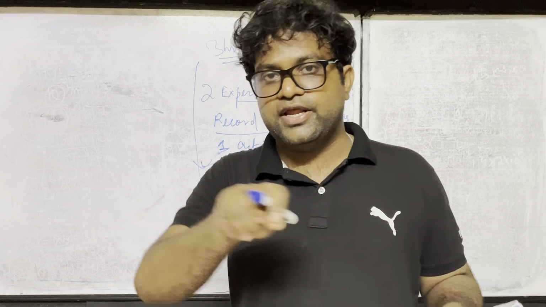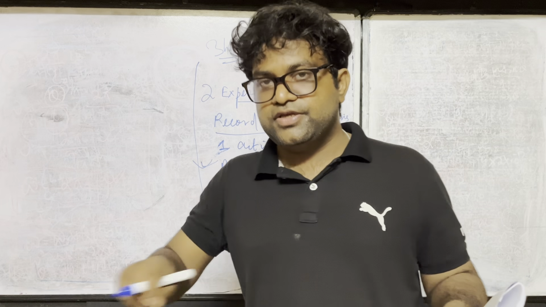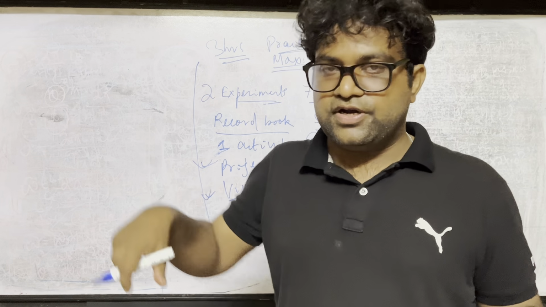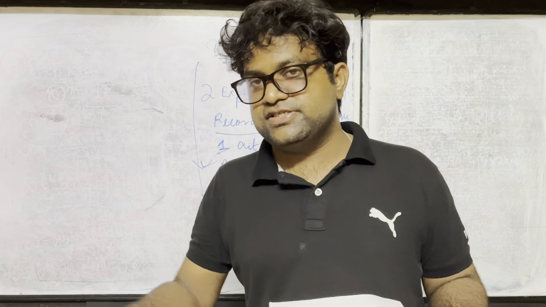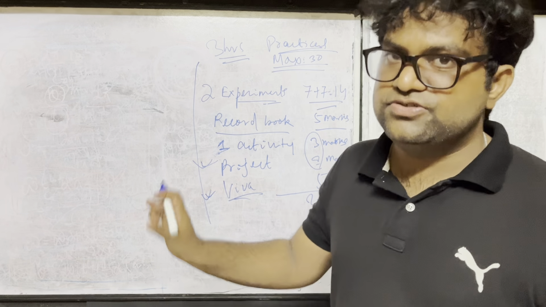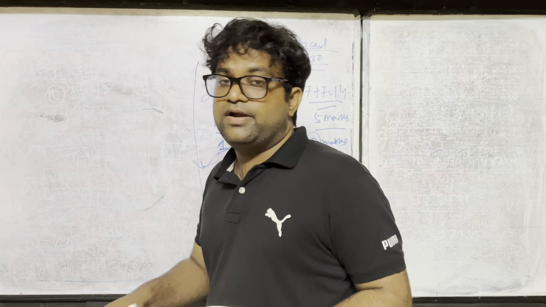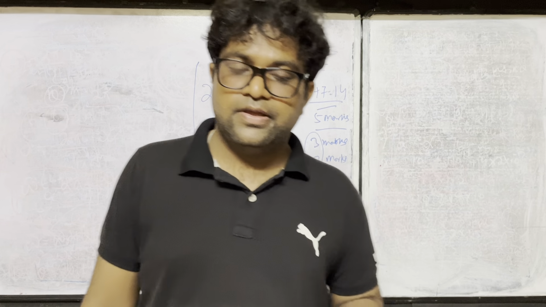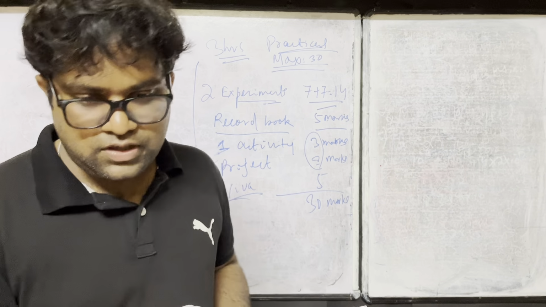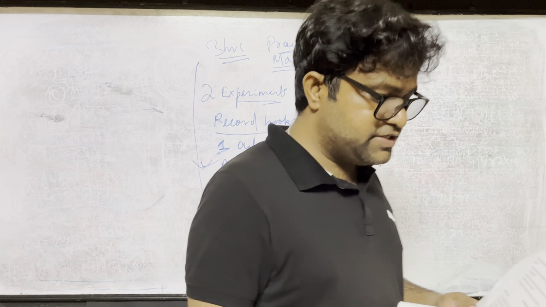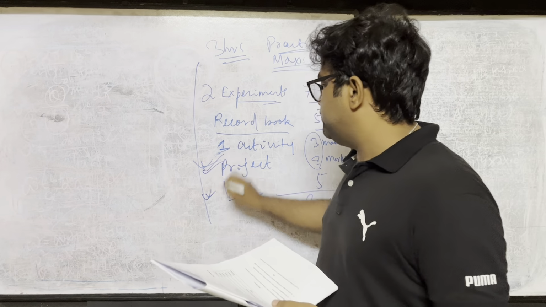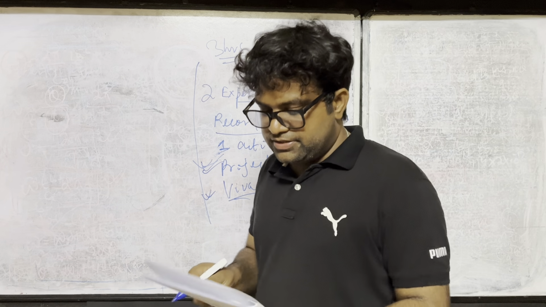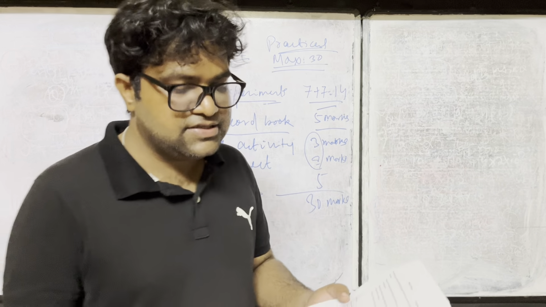You can write the school name, topic, your roll number, your name, and keep all these 5-6 pages in a channel file and submit. This is what we generally do, but ask your school teacher, they will explain. This is the general standard procedure. One project you have to submit, and the project is also listed in the syllabus.